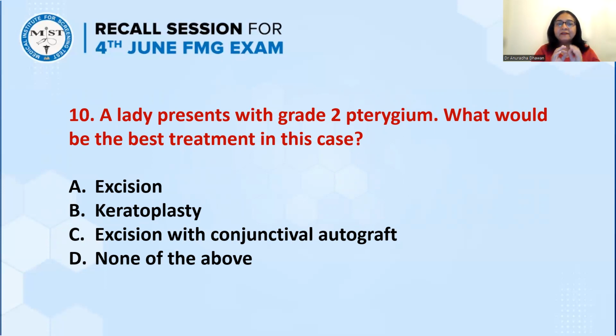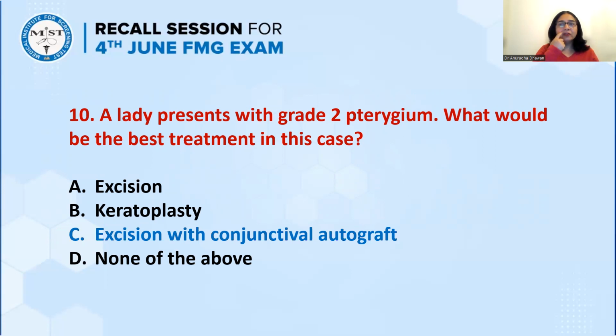Out of the choices given, excision with conjunctival autograft is the best because that prevents the recurrence. If you see choice A, that is excision only, high chances of recurrence. Keratoplasty is not the treatment for pterygium. You excise the pterygium and then you apply a conjunctival autograft. So that will be the best treatment in this case.